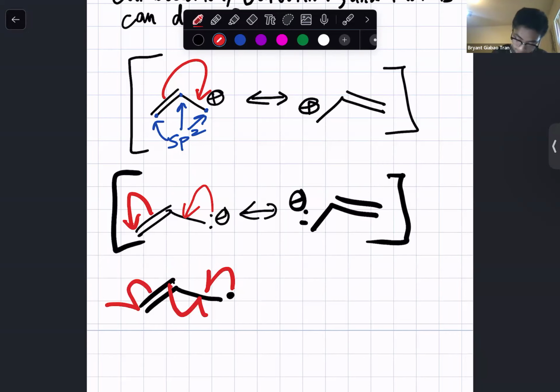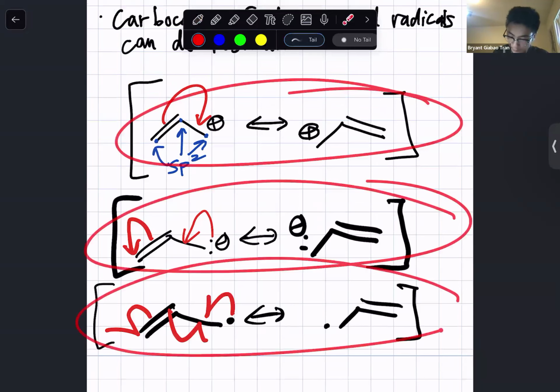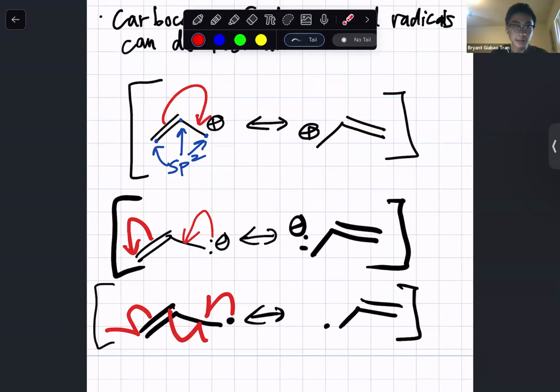The other electron goes to make a radical on the other carbon, giving us this resonance structure here. We see that in all cases, the carbocation, the carbanion, and the radical are delocalized because they are doing resonance between at least three atoms: 1, 2, 3, 1, 2, 3, 1, 2, 3. And that increases the stability of the molecule because it increases resonance.